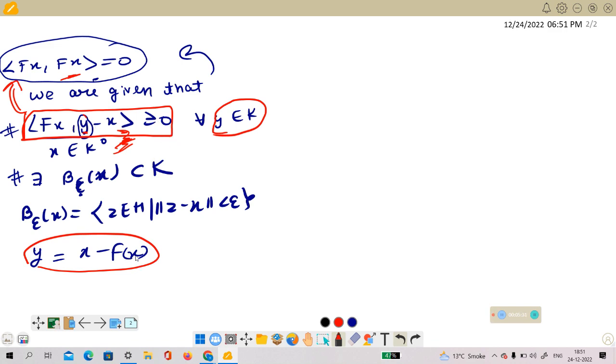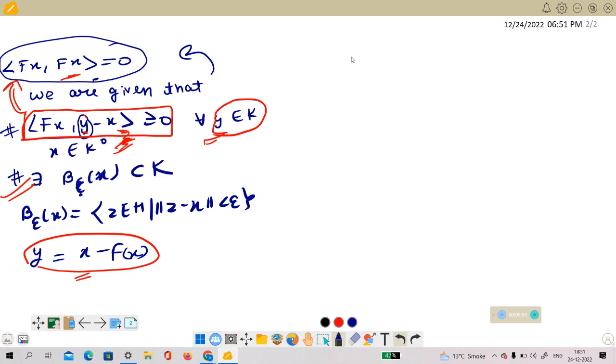But the problem is that we can only choose y belongs to K. We cannot choose like this. We have to somehow make it belong to K, and now we will use the second fact in choosing y.